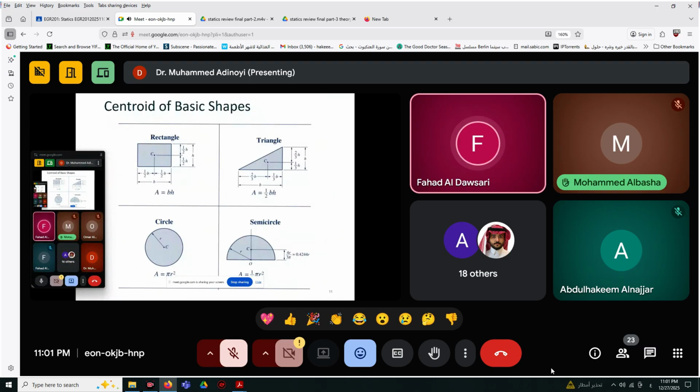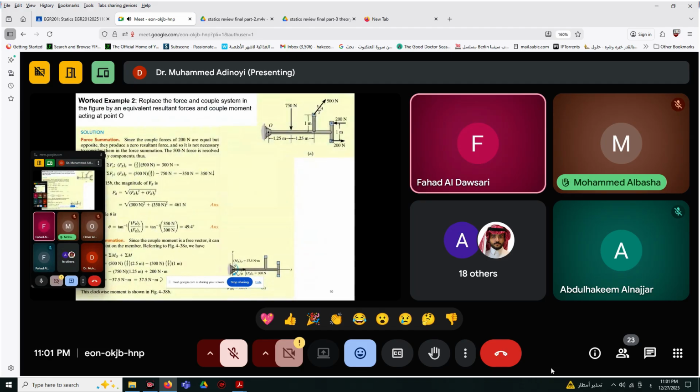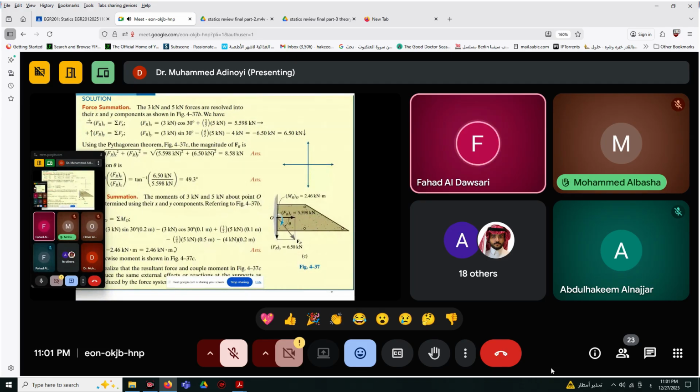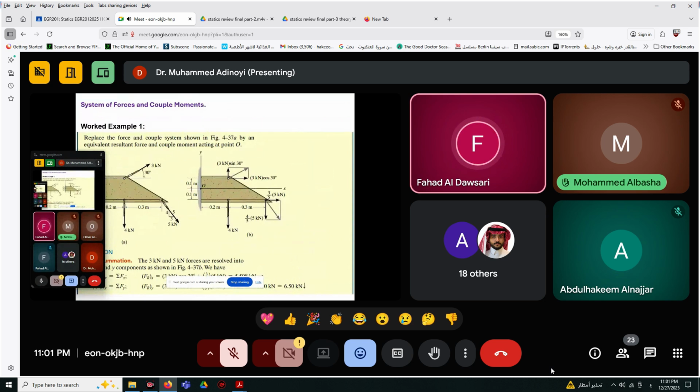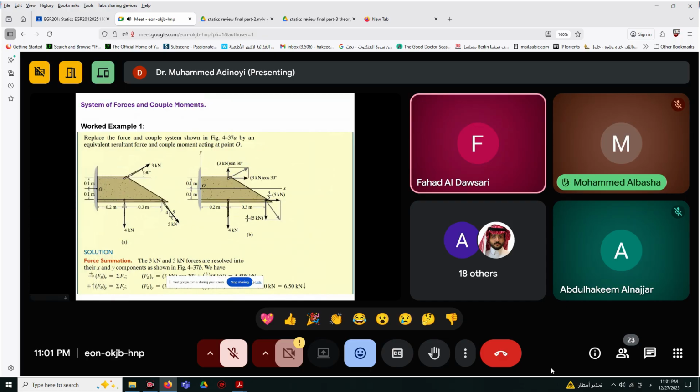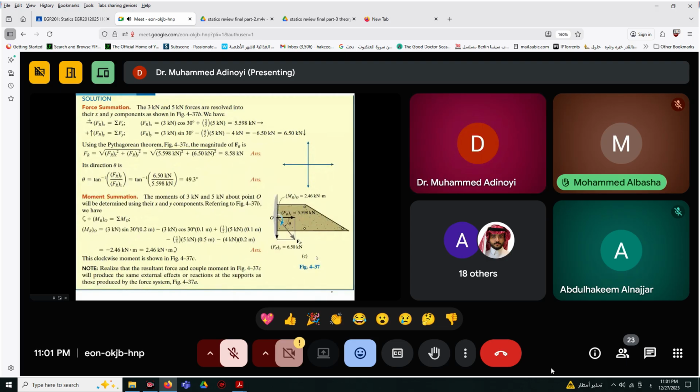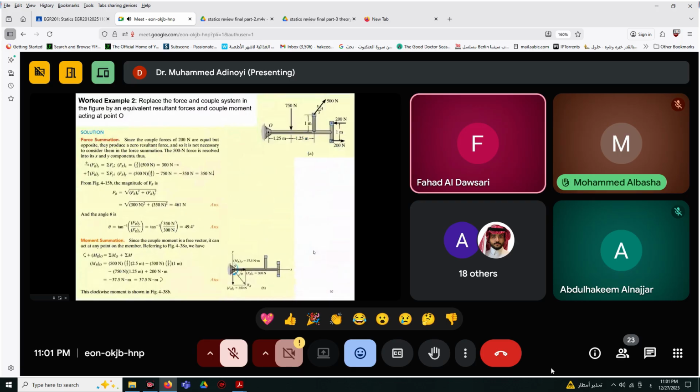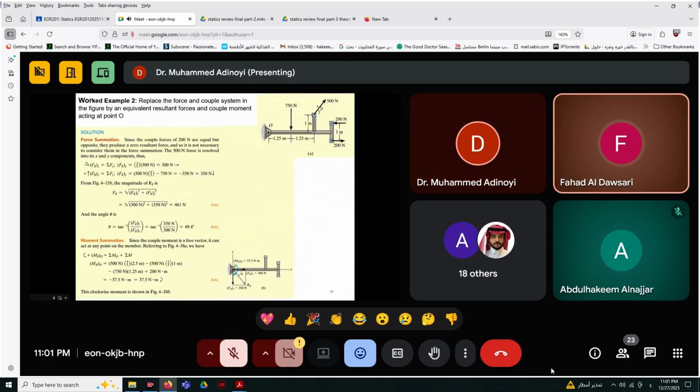It is for the moment. Yes. Just go below. Go down. Down. Yeah. Please. One page down. Yes. Yeah. For moment summation, Doctor.